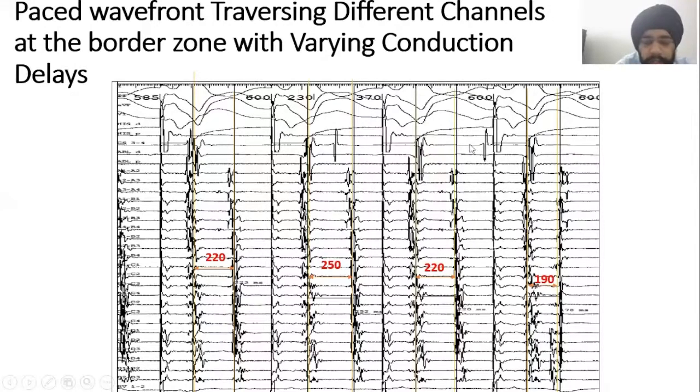We observed another similar phenomenon in the adjacent zone, where we could see that with RV pacing, there were variable local electrogram to potential delays, as represented in this figure. This could possibly represent conduction going through different channels, and hence the variable conduction delays.